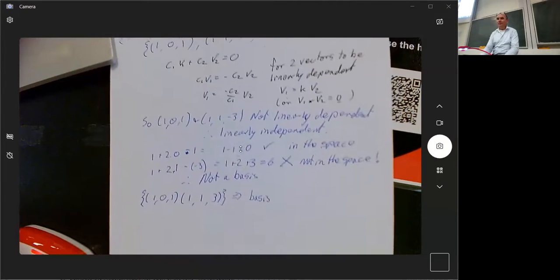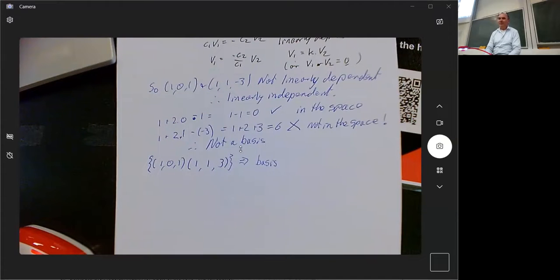So if you've got a space like I've got here that is not all of R3, all right. So if I was to give you a basis for R3, then you would have to go, I need three vectors, I need them to be linearly independent. And if I have three vectors in R3 that are linearly independent, they span R3.